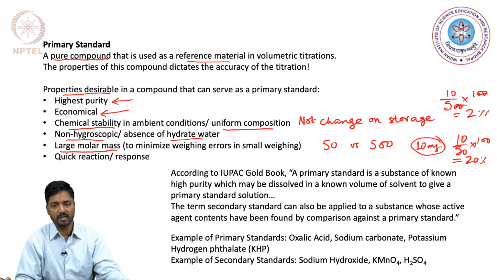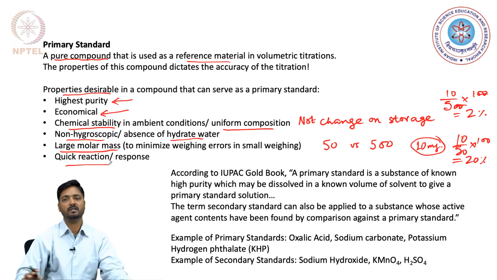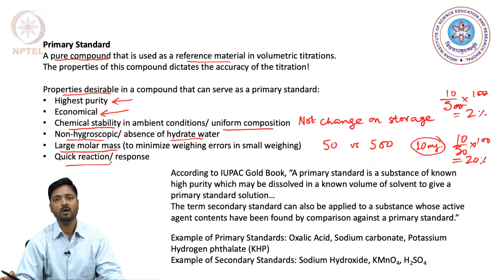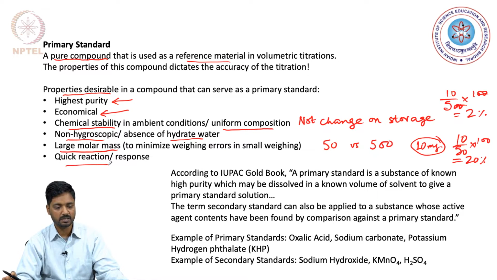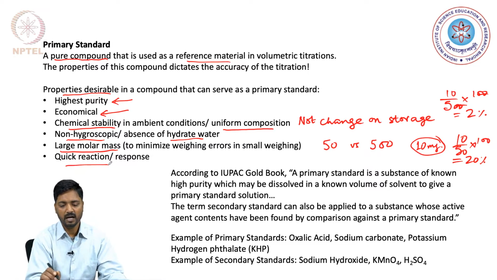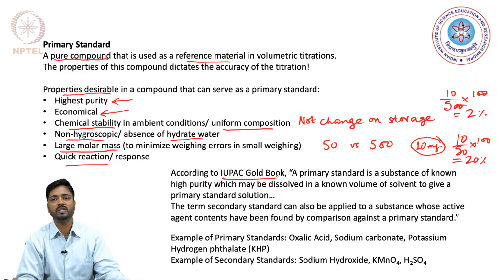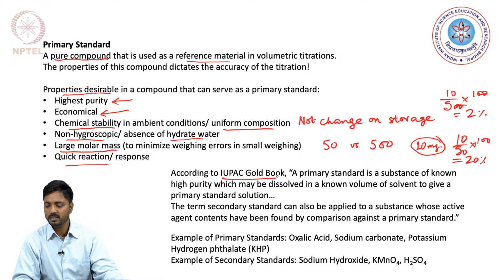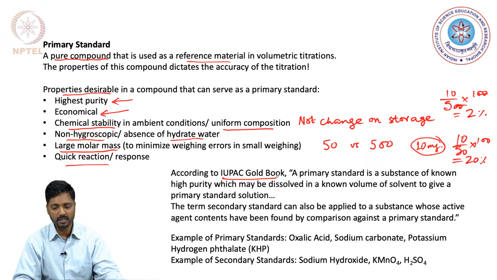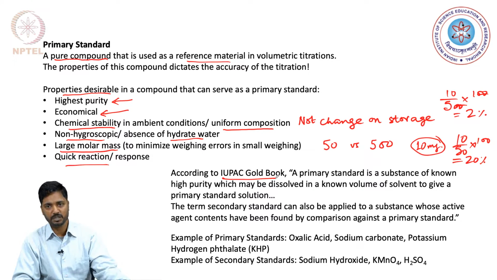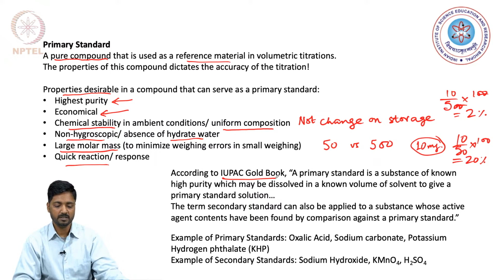Now, of course, when we are undertaking titrations, we would want that our primary standard undergoes a quick reaction, or the response that it generates is very rapid. Now, based on these criteria, the IUPAC Gold Book has come up with a definition of a primary standard, and it says that a primary standard is a substance of known high purity which may be dissolved in a known volume of solvent to give a primary standard solution, and this solution is what we will use in our titrations.